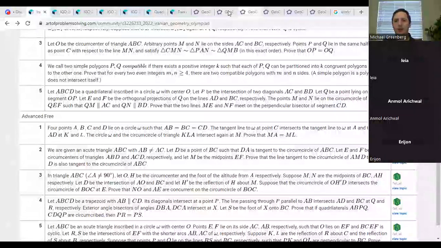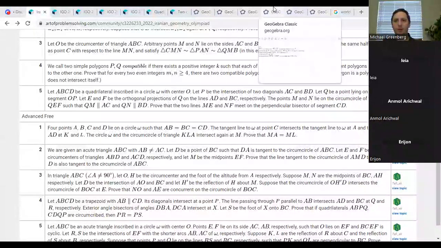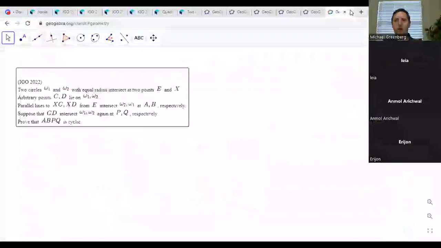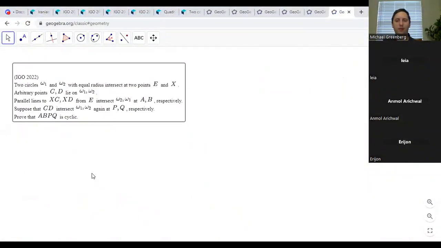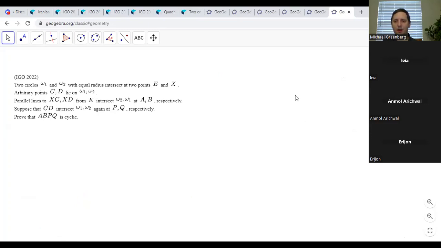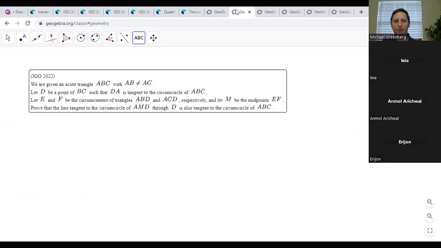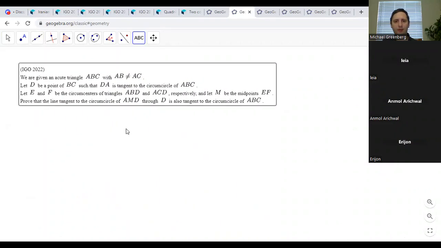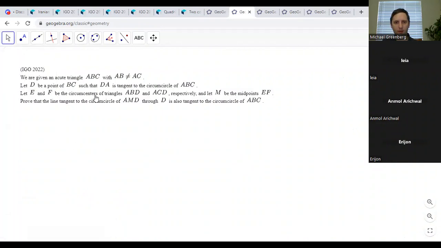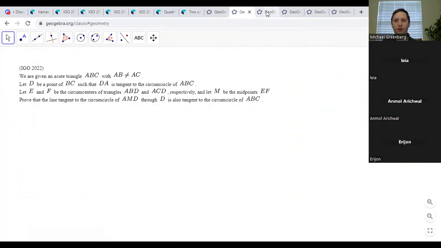Oh, I was thinking of doing mostly IGO problems. Are there any problems that you didn't solve in the contest, or have you solved all of them by now? Yeah. So they're all going to be IGO problems, unless I could do one non-IGO problem if you'd like, one or two, but that was what I thought of doing originally. Oh, okay. All right.